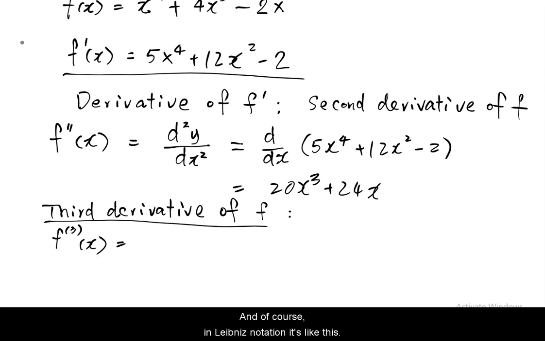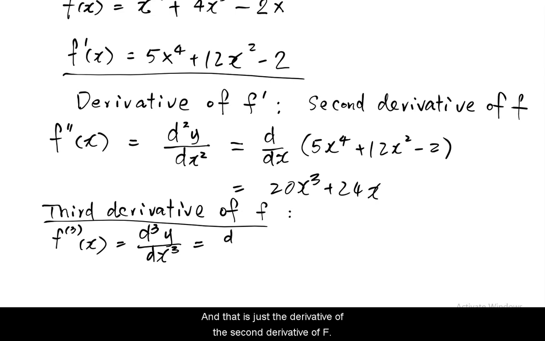And of course, in Leibniz notation, it's like this. And that is just the derivative of the second derivative of f.